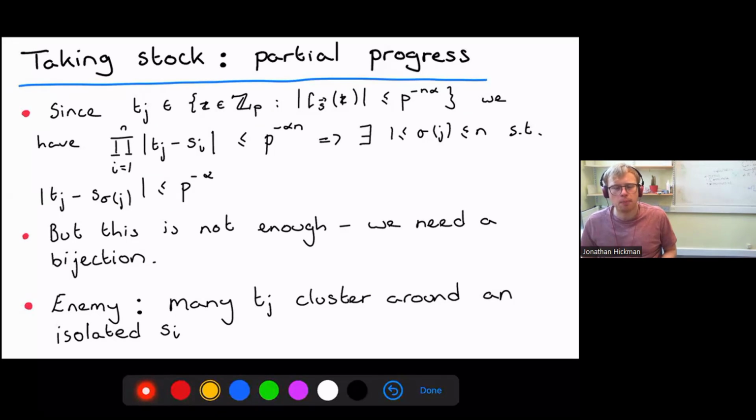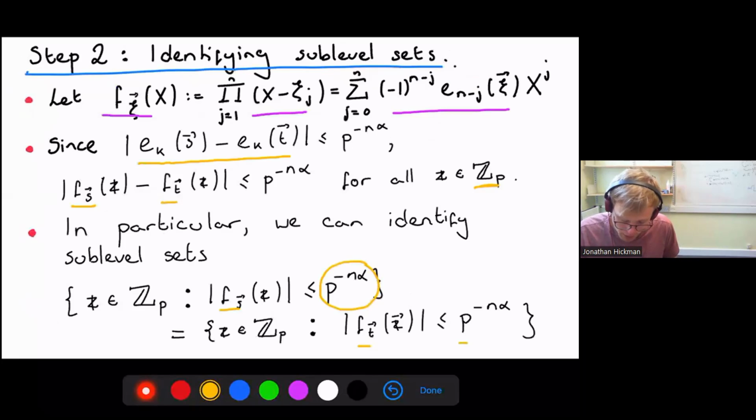Okay, so at this point, I want to take stock of what we've done and observe that we've already made some partial progress on the problem. So remember, the t_j's are by definition the roots of the polynomial f_t. Okay, so the t_j's must necessarily lie in any sublevel set, because these are the points where this polynomial vanishes.